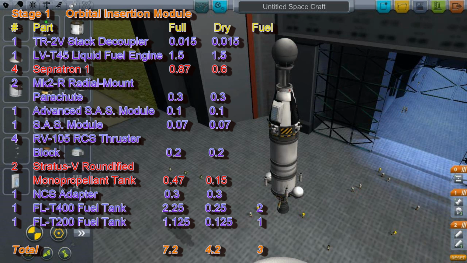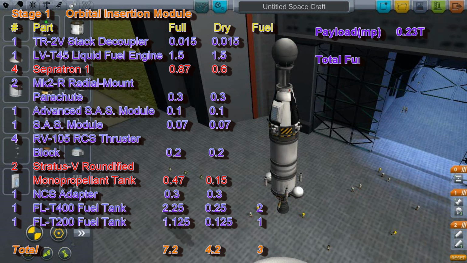In red, we see the separatrons and the RCS tanks have dry mass listed, but we're using the full mass in the totals. That's because the RCS is for control, not speed, and the separatrons have a specific purpose of slowing the spent stage for deorbiting, so we don't count that into the dry mass. We only count the delta V from the 3 tons of mass from the fuel tanks that are actually being used by the main engine of this stage.